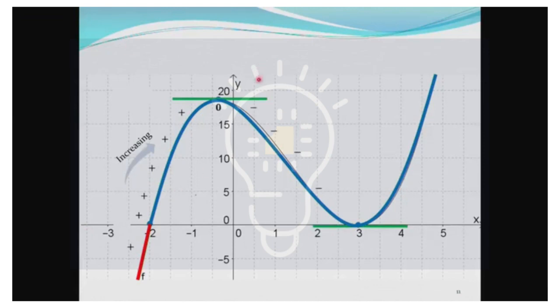If you draw a tangent line to this side, its gradient will be negative. So if the gradient is negative, what does it tell us? That the function is decreasing on this interval. From the turning point there up to there, the function is decreasing. Again, if you draw tangent lines there, you'll find that the derivative will be positive. That simply means the function is increasing on that interval.